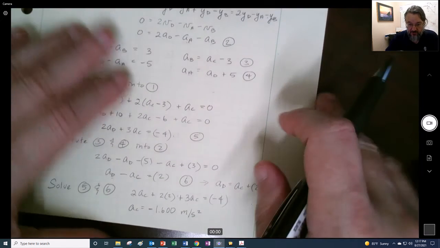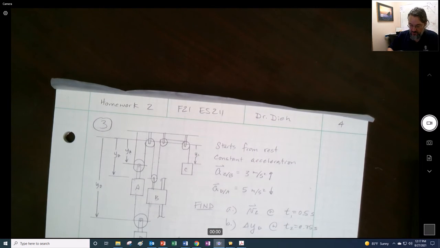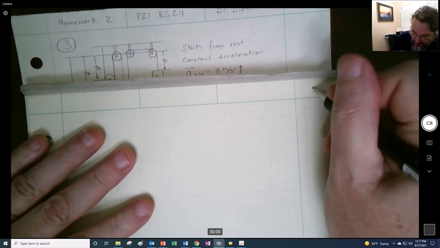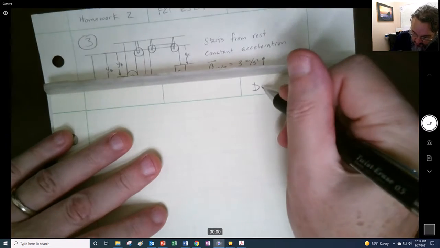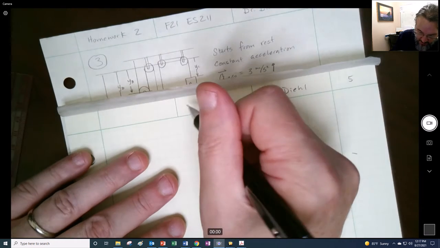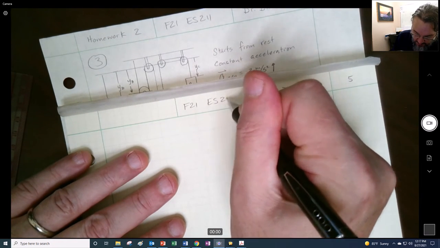So now I have to go to a new sheet. We can get more paper, so don't worry about that. Let's put our heading on here. This is the 5th page of this. Oh, I didn't finish my name. That was weird. Something must have distracted me. And F21, ES211.